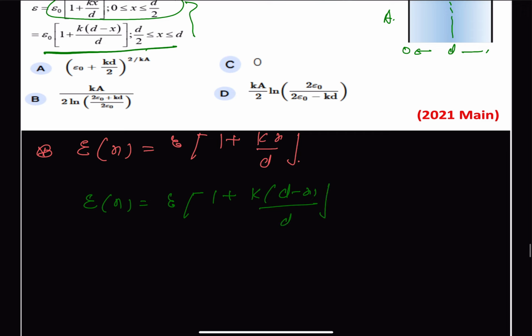This is for 0 less than or equal to x less than or equal to d by 2, and then d by 2 less than or equal to x less than or equal to d.